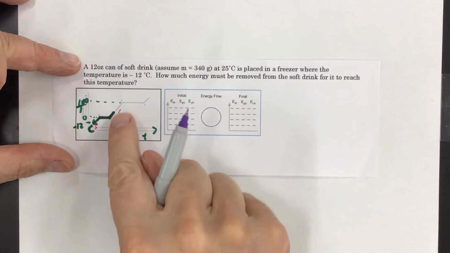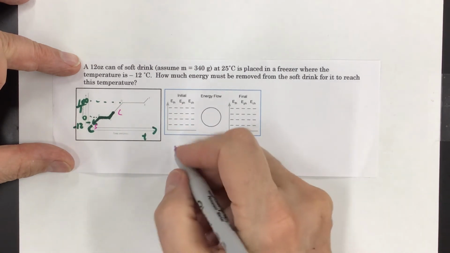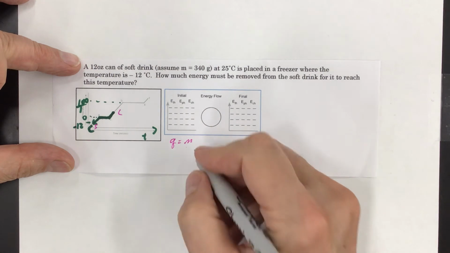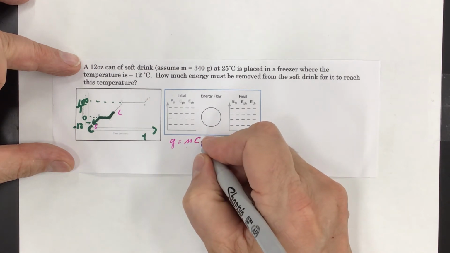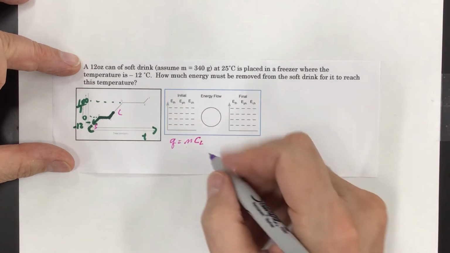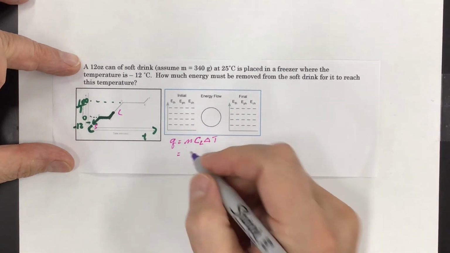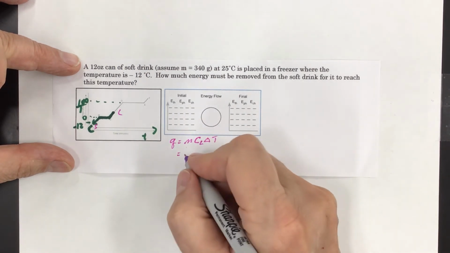So we'll solve that first section we started with, and that's Q equals mass times the specific heat of liquid in this little section here times delta T. So all we have to do is plug in the numbers. The mass is 340 grams.